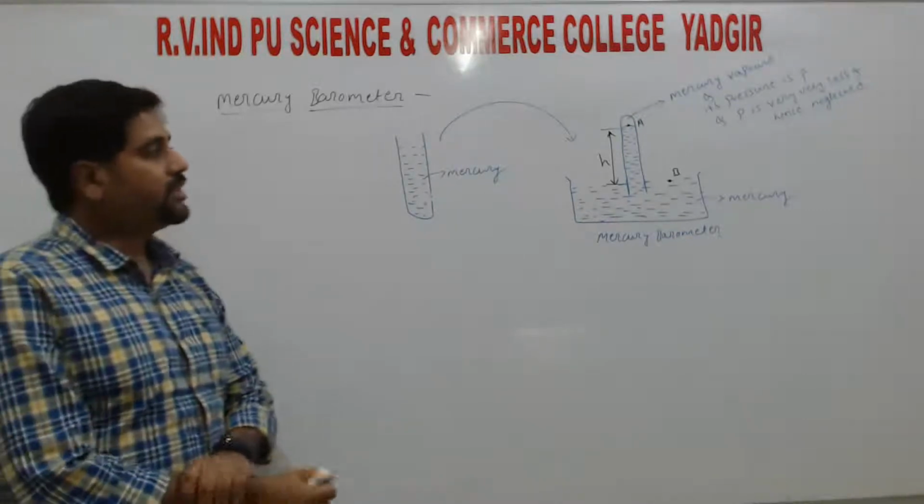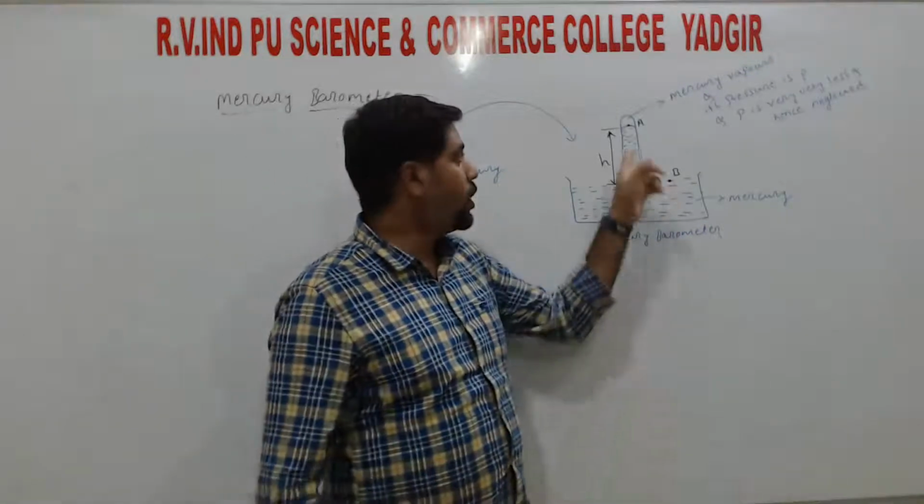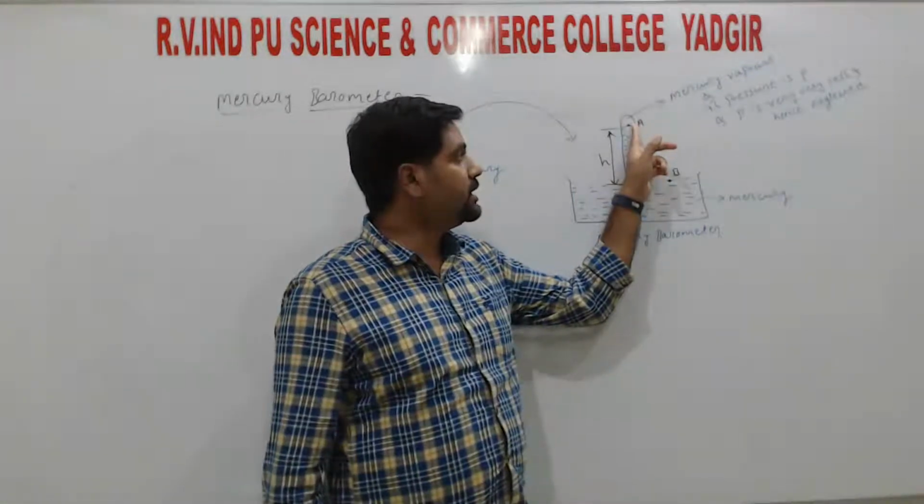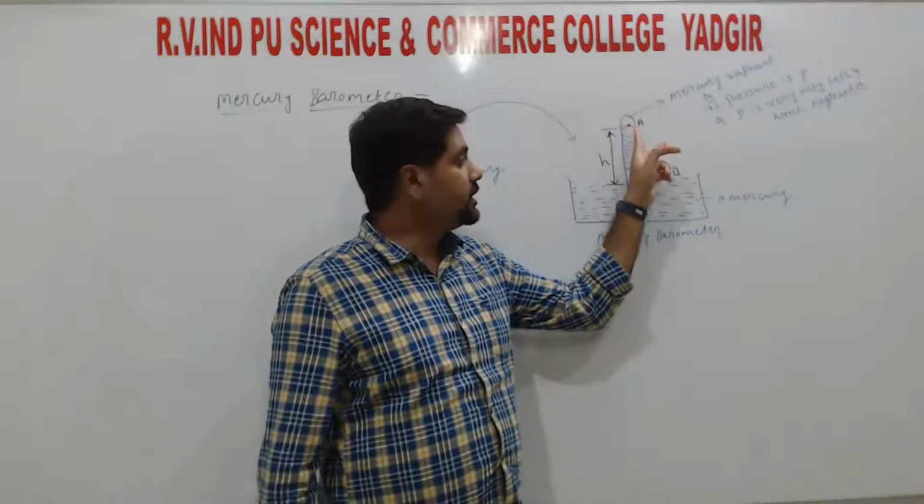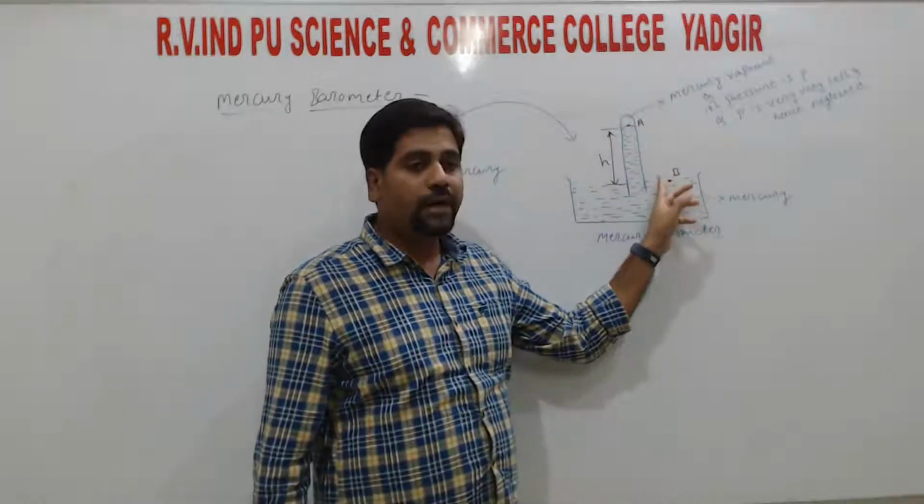So the pressure inside the column at point A is equal to the pressure at point B, right?